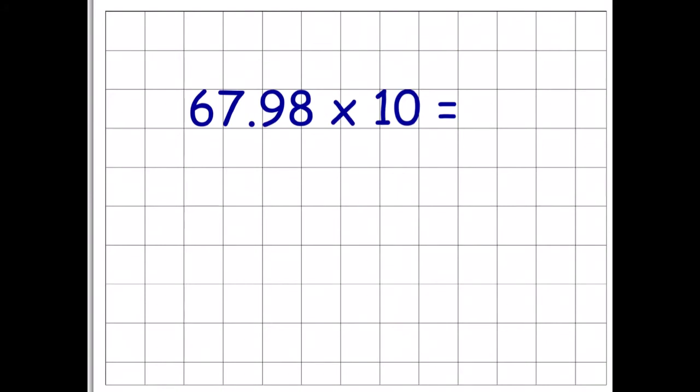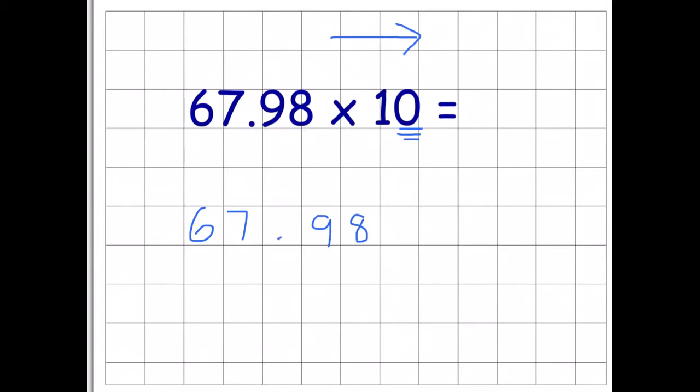Multiplying by 10 again. So again, our decimal point must move to the right. And it's going 1 place because there's 1 0 in the number 10. So our question, 67.98 multiplied by 10. So let's write our question out. We have 67.98.